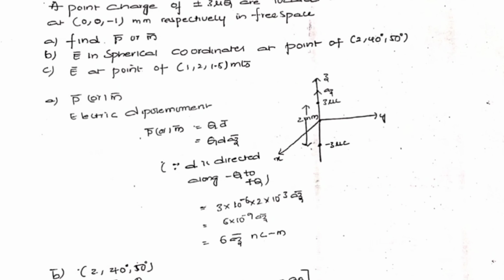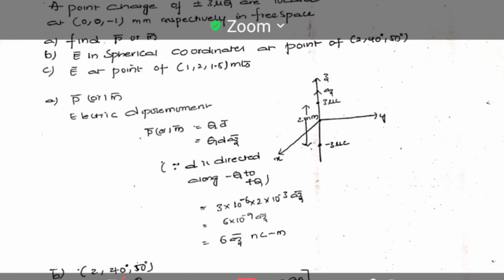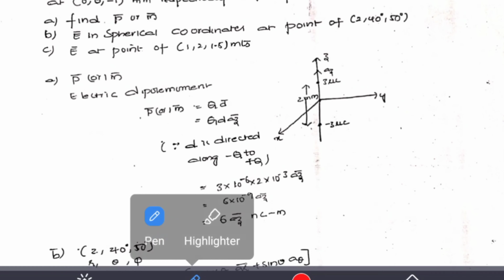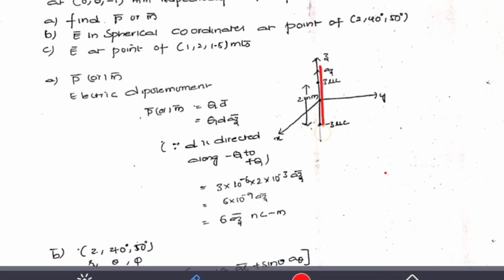Assume that the charges, 3 microcoulomb and minus 3 microcoulomb, are placed along the z axis, because they are given at minus 1 and plus 1, so the distance is 2 meters. Now, the electric dipole moment P or M equals Q into D, in the AZ direction, along the z axis.